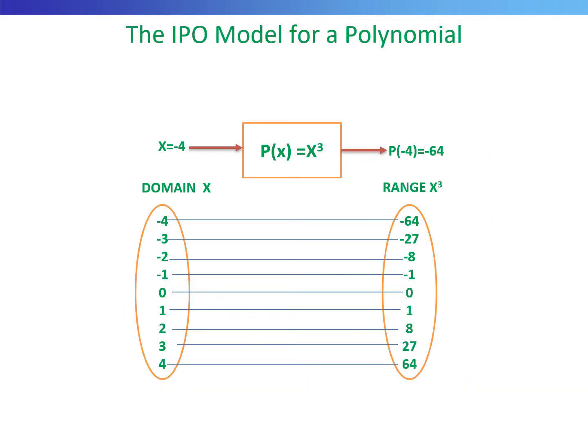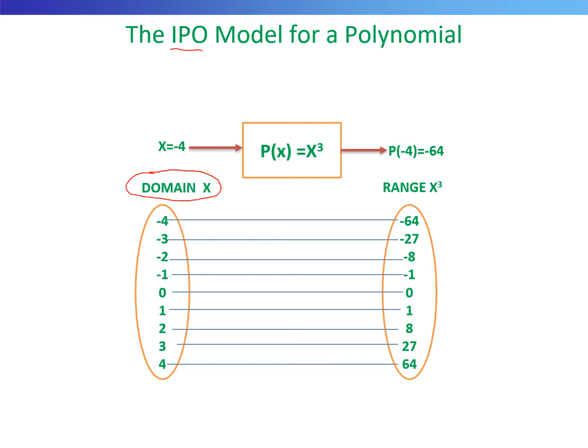The input, process, output model for a polynomial. A polynomial has a set which is called the domain, from which it receives its input. The inputs are values that are passed to the variable x, which is the independent variable.